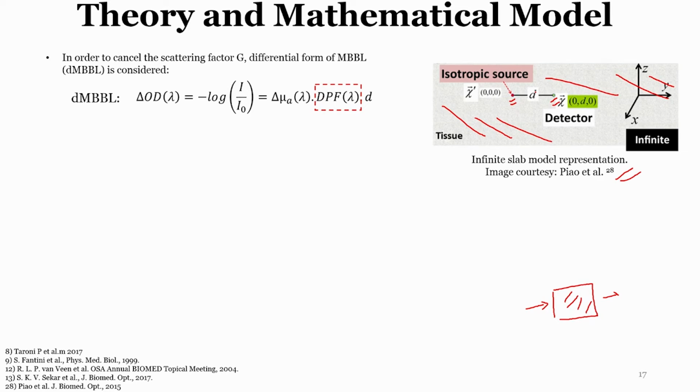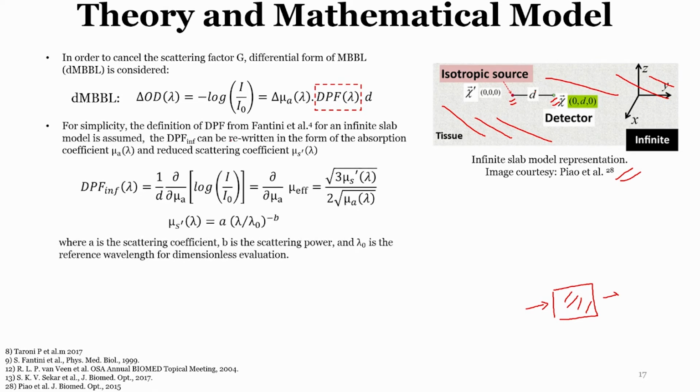With this approach, I am going to simplify the DPF for the infinite media over here, and I take this as the derivative of the log of the intensity, and then I can write it in the form of the effective mu, that is the effective attenuation coefficient, and with this that would be a derivative with respect to mu a, and finally I get this equation.